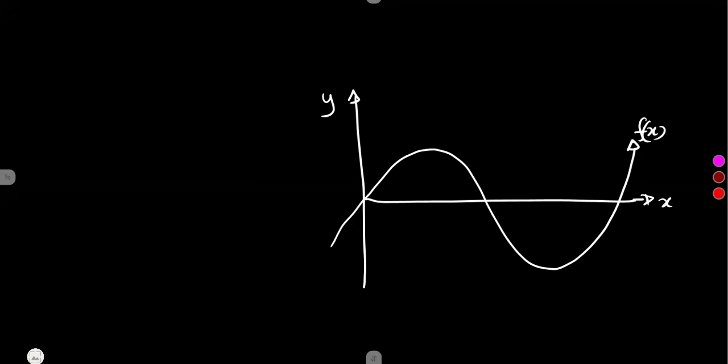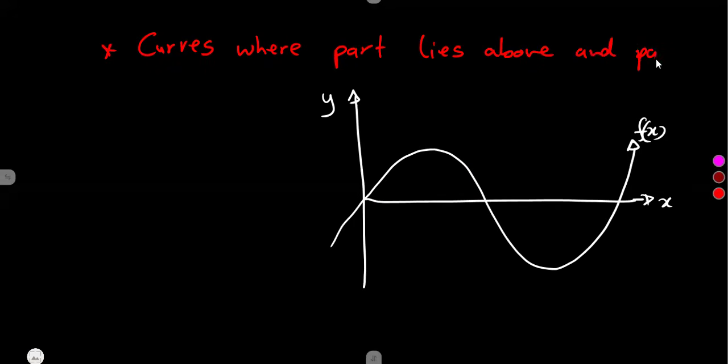So this is the condition that I'm going to explain. These are curves where a piece of the curve lies above, and another piece lies below the x-axis.